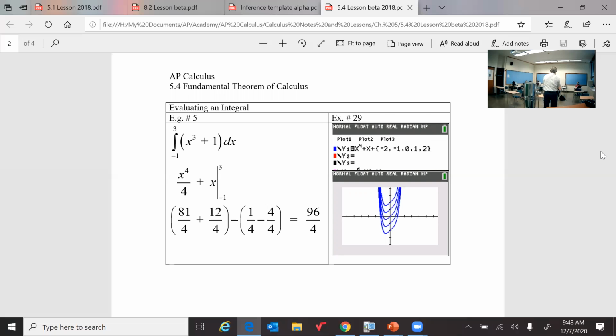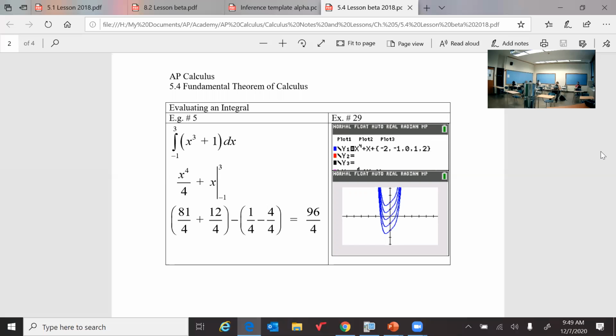But if we're undoing it, we undo the operations in reverse. So we undo subtracting 1 first. So we add 1. We get 3 plus 1. And then instead of multiplying, we divide. The 1 would give you an x.